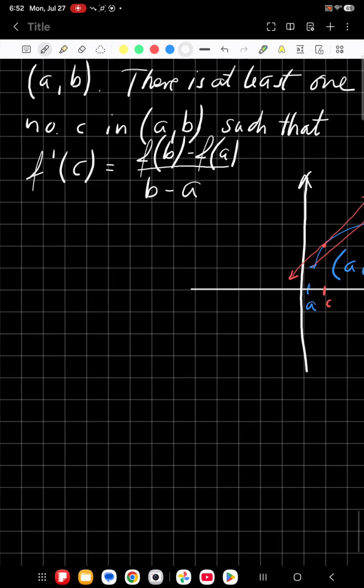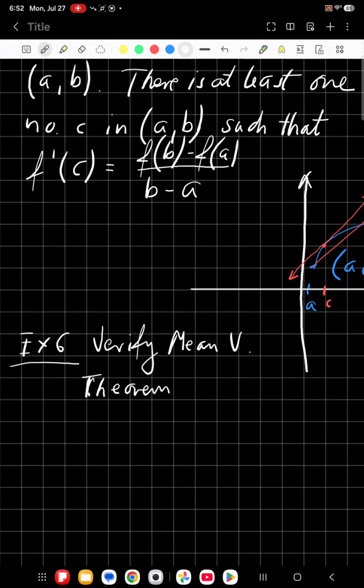So example 6. We have: verify mean value theorem. We have a function and a specific interval.